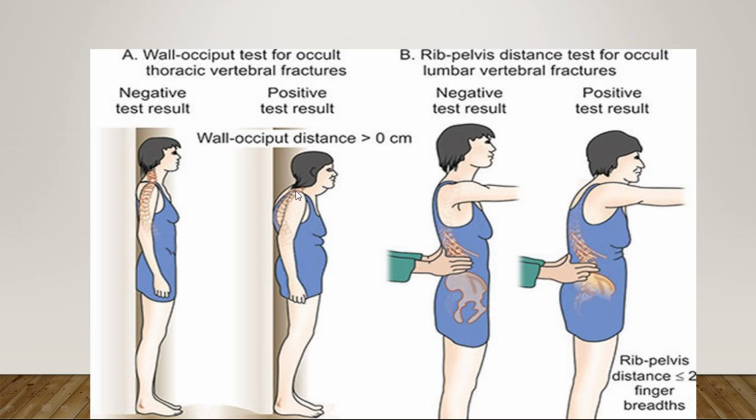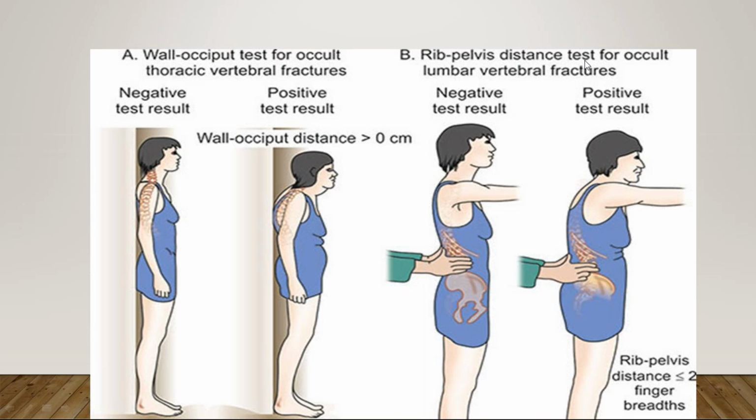So due to that kyphotic deformity, there will be a distance between the wall and occiput. Normally there will be no space between the wall and occiput, but in osteoporosis it will be positive. That means some distance will be there, at least 1 or 2 centimeters. If the wall distance is more than 0 centimeters, it is a positive test result, that is the wall occiput test.